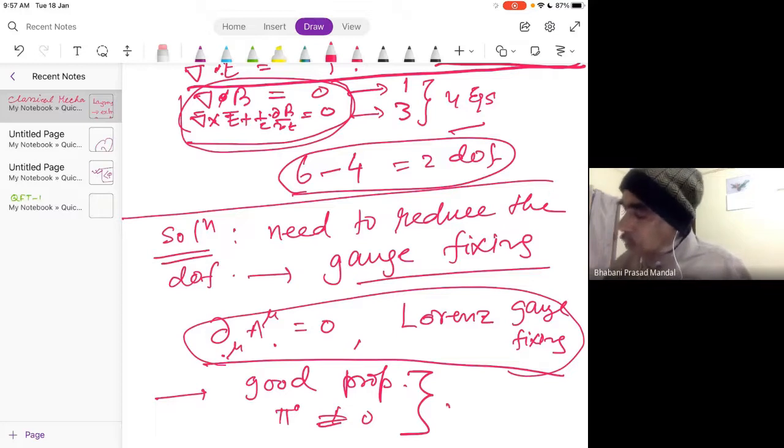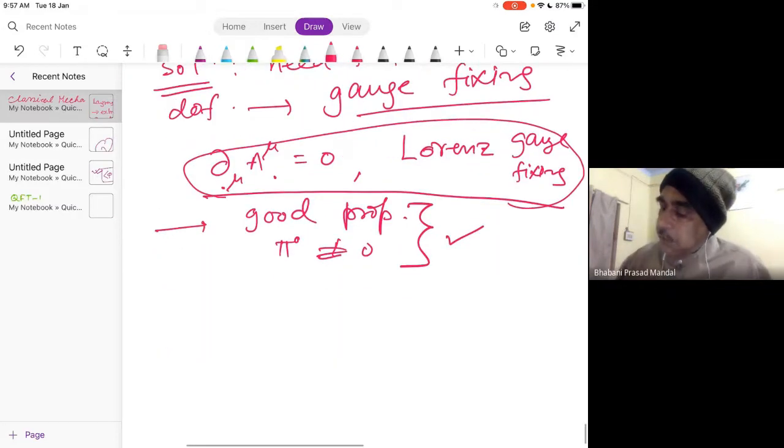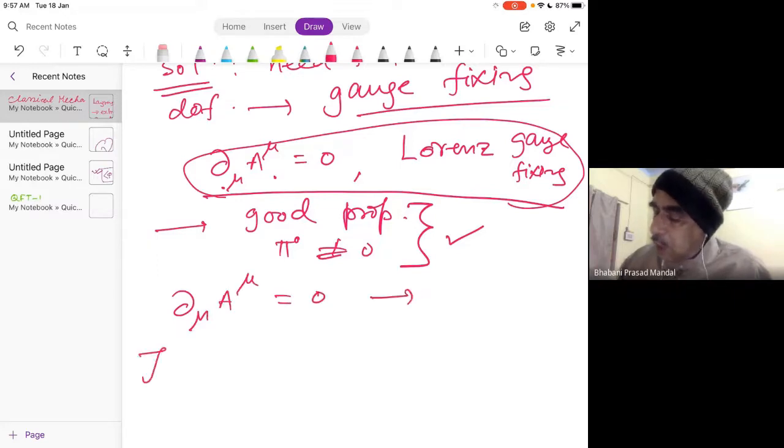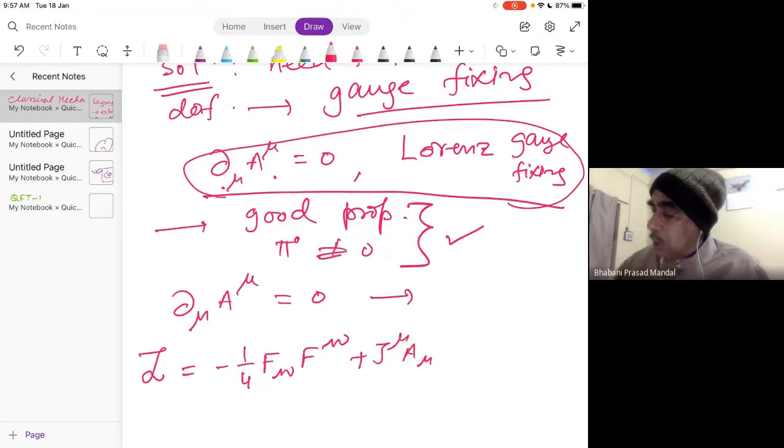So gauge fixing, putting this condition equal to 0, effectively means that your Lagrangian should change. Earlier your Lagrangian was F_μν squared plus J_μ A^μ, where this is the source term.